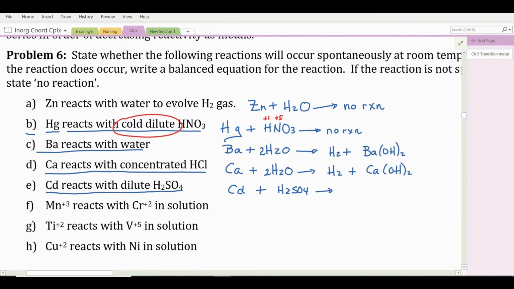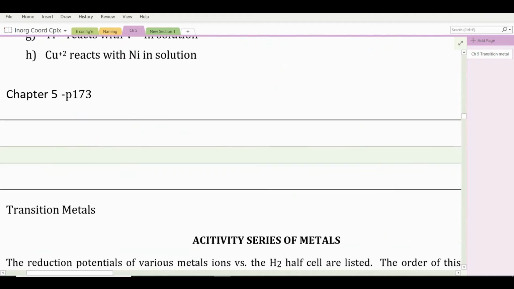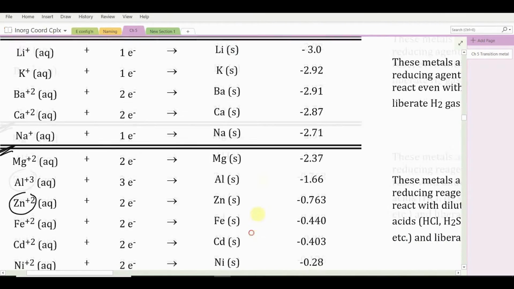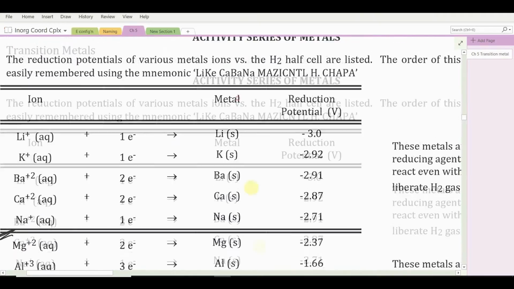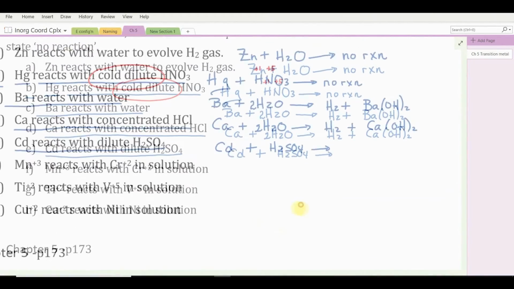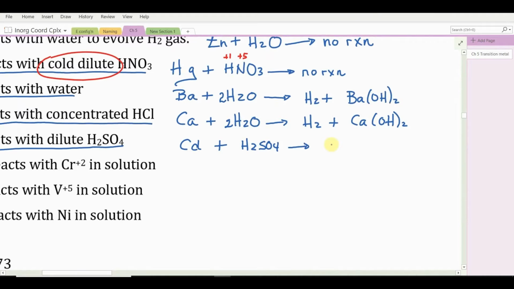If you want to look at the activity series of metals, you see cadmium is above hydrogen on the activity series, and so in fact cadmium will react. It'll be oxidized to cadmium-2 by hydrogen ion. Now the reaction may be slow, but at least theoretically it should work. That'll be cadmium sulfate. Cadmium is only +2 and 2 hydrogens reduced to make hydrogen gas.